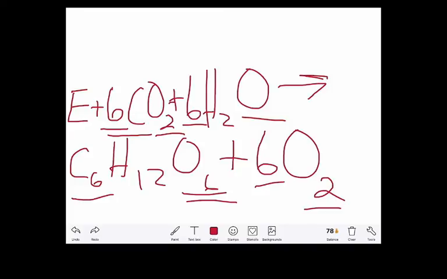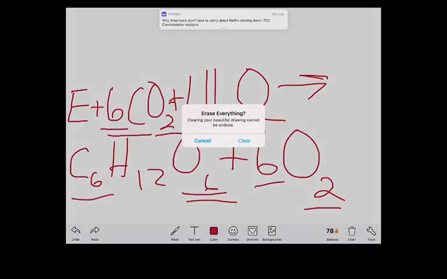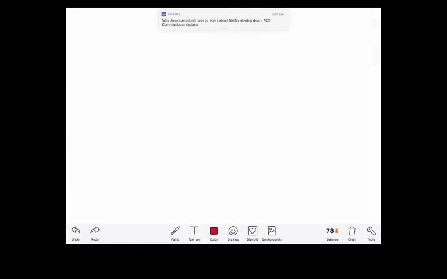This is the balanced chemical equation for photosynthesis that you will need to input on the quiz when it asks you to type in the general equation for photosynthesis. Just to make that clear, see if I can get this all in one line.